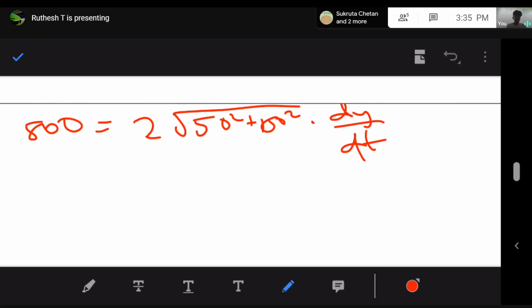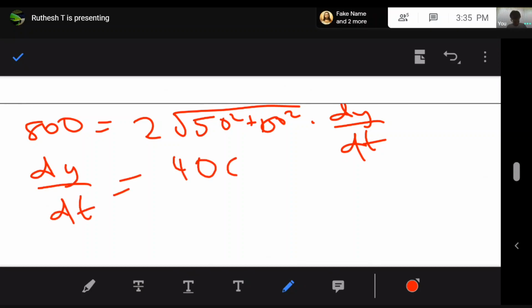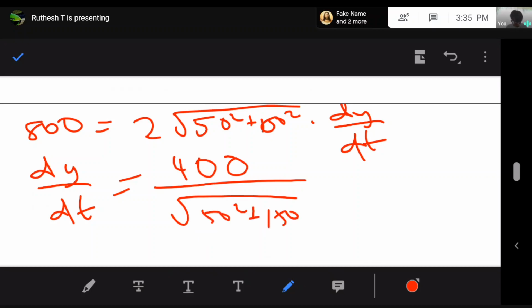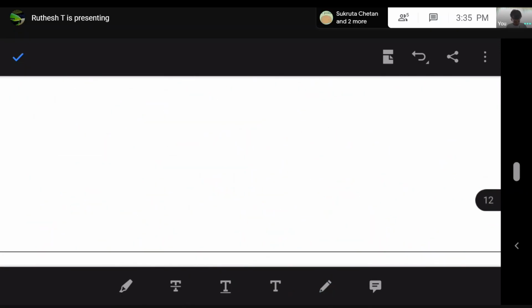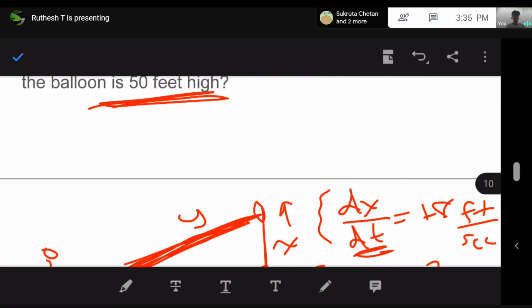And then you want to figure out dy dt, so all you do is divide, and you get that the rate of change of the distance from the observer to the balloon when the balloon is 50 feet high is 400 over the square root of 50 squared plus 150 squared feet per second. So that's basically how you do this problem.